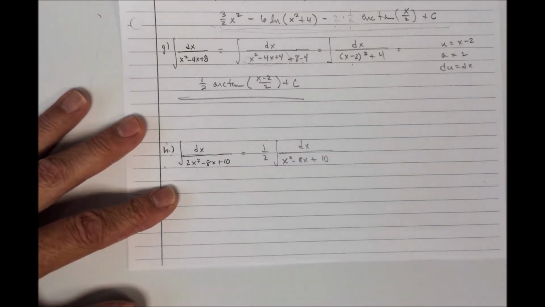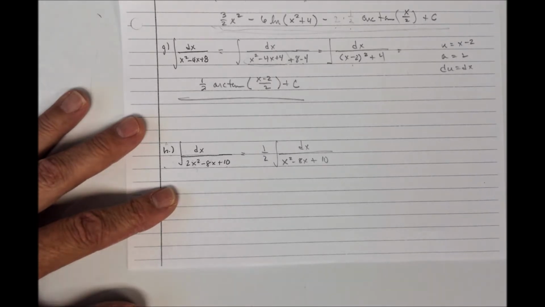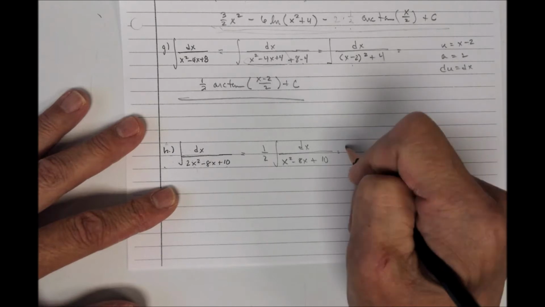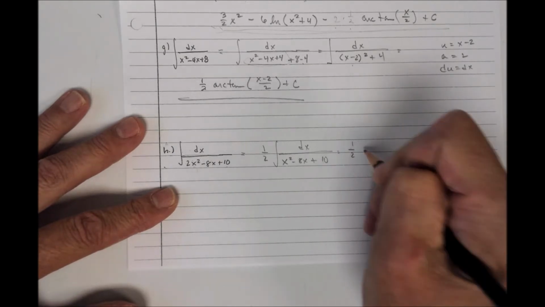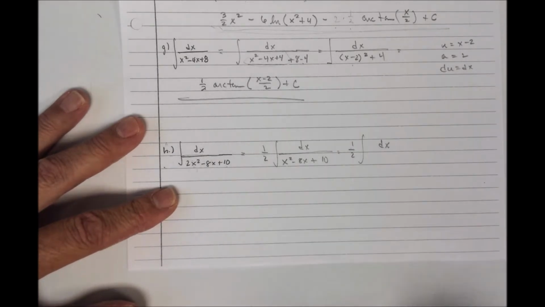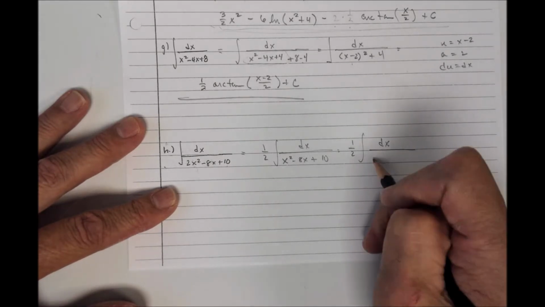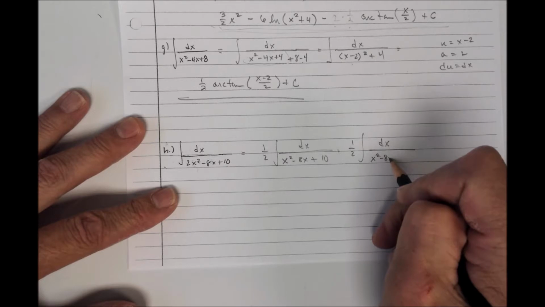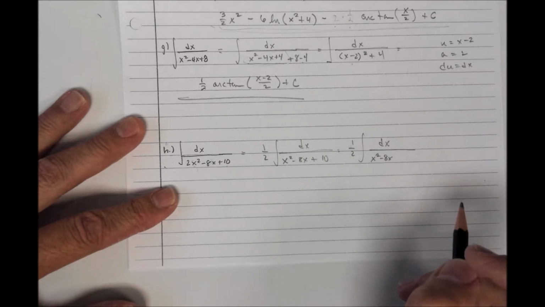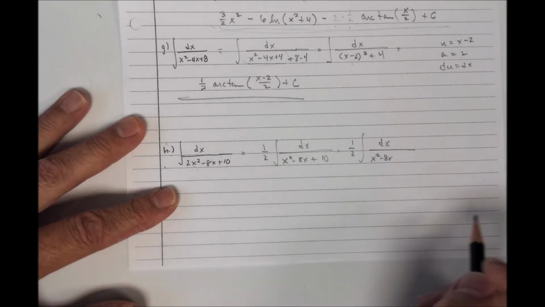Now I'm going to get this one hopefully set up so that I can rewrite this. Now to do this one, I hope I have this written down right. All of a sudden, kind of half in my head, I'm wondering if I'm going to get this to work nicely here. So this is x squared minus 8x, so I would need a plus 16 here.